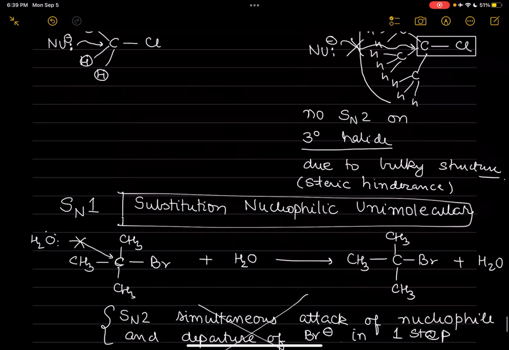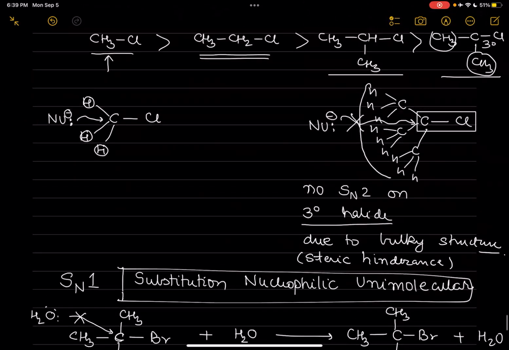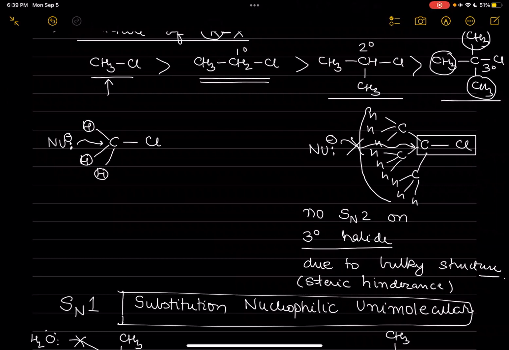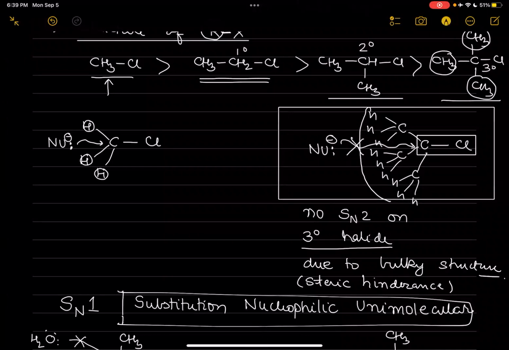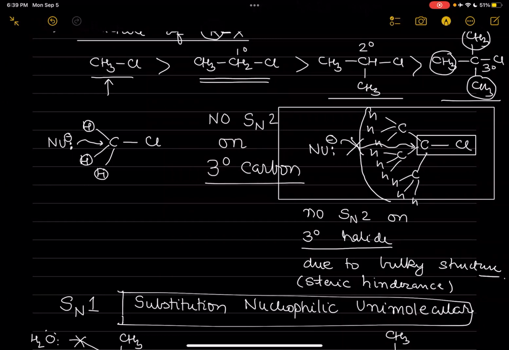I have shown you here, Absar. Why is it not possible? Tell me what you can see here in this diagram. No SN2 on 3 degree carbon. 3 degree carbon means what?